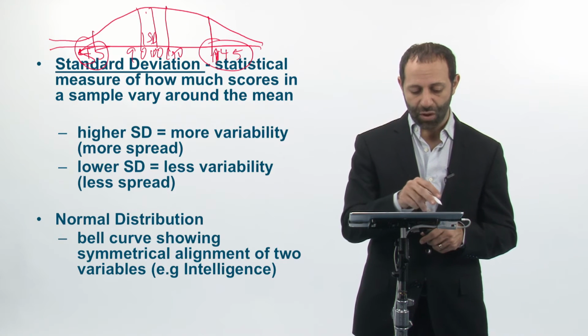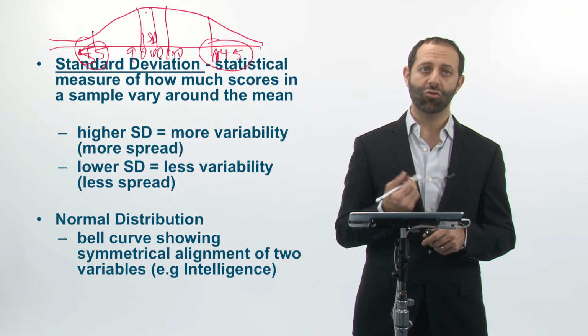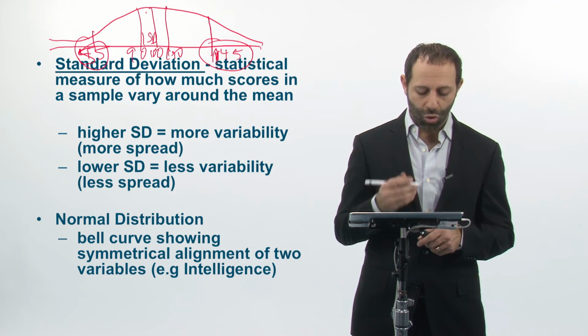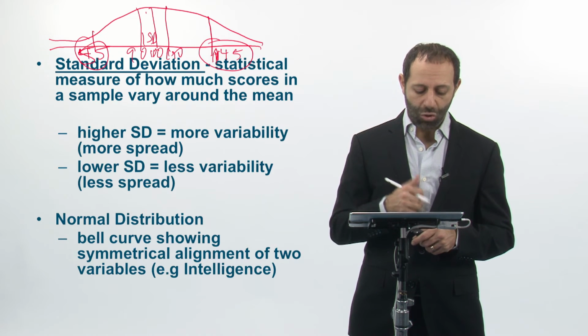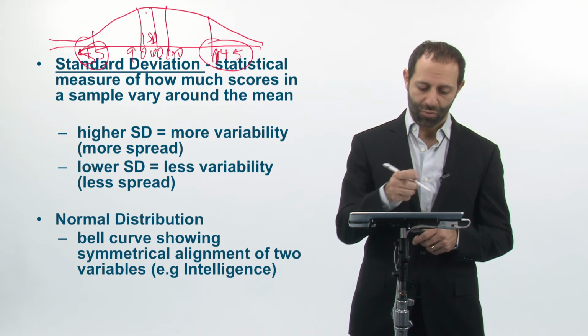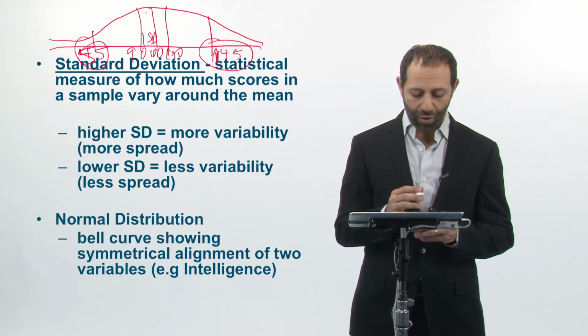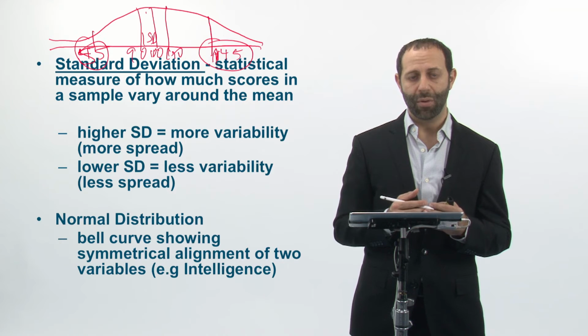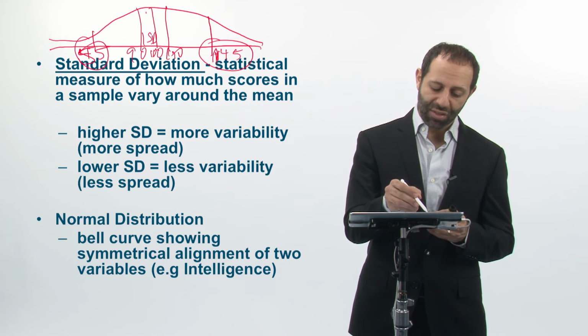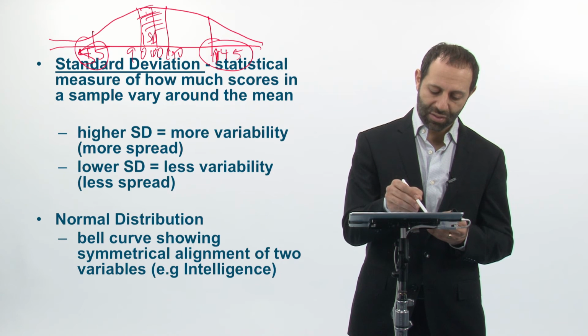And also we have, represented by this image here that I drew out for you, the normal distribution. A normal distribution is a bell curve shown above, which shows a symmetrical alignment of the variables. Again, here it might be intelligence. So in the middle is the average. The most amount of people are going to be represented in this domain.